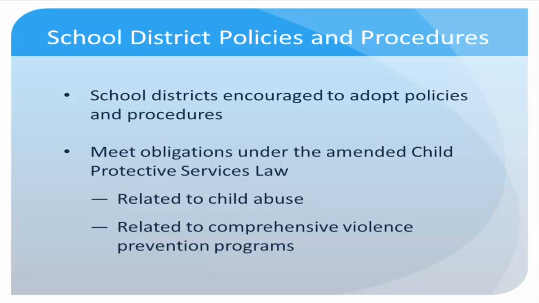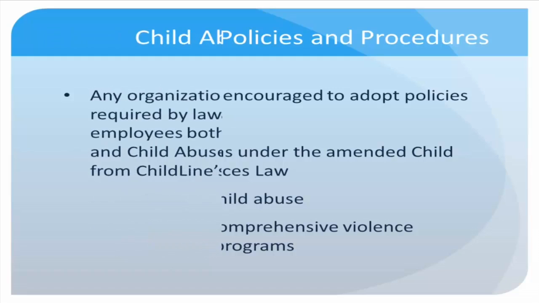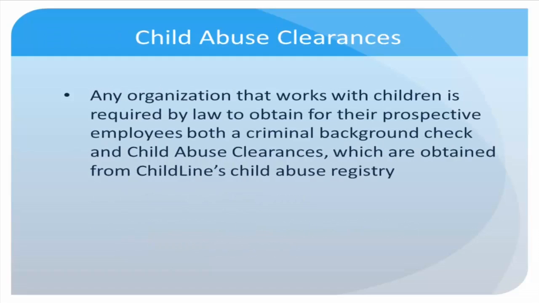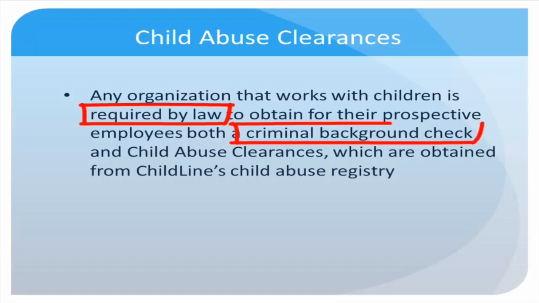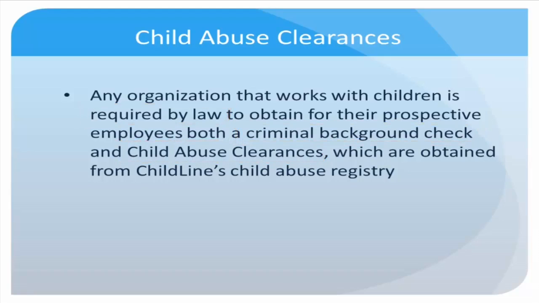A comprehensive violence prevention program is the primary starting point for dealing with any form of abuse. Any organization that works with children is required by law to obtain for their prospective employees both a criminal background check and child abuse clearances, which are obtained from Childline's Child Abuse Registry.